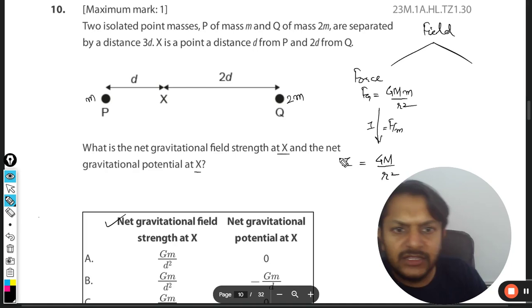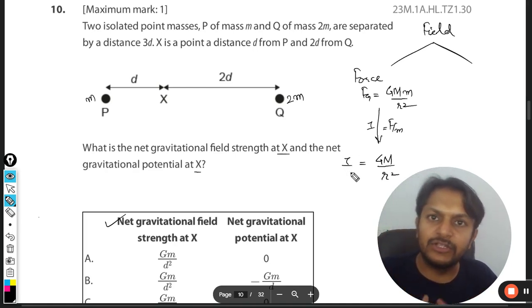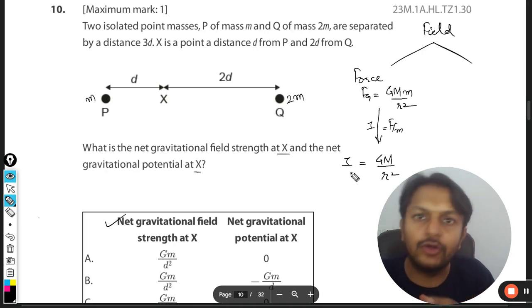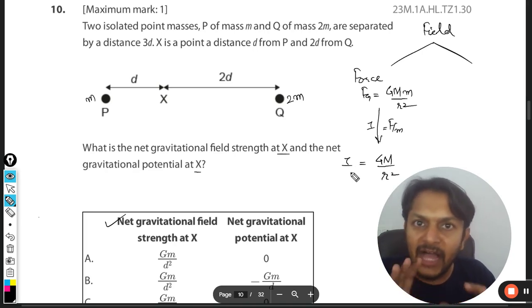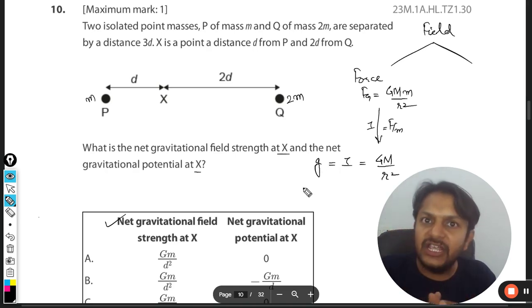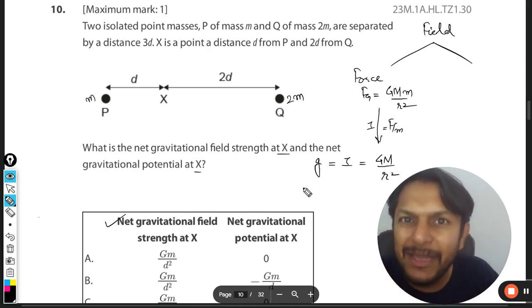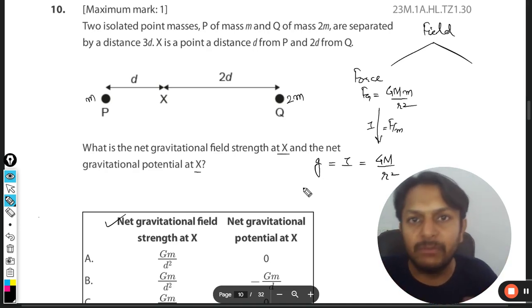In many books it is written as I, because it is gravitational field intensity or gravitational field strength. In IB books, it is usually written as g. g and I are two different physical quantities having the same magnitude and same direction. Both of them are vectors.